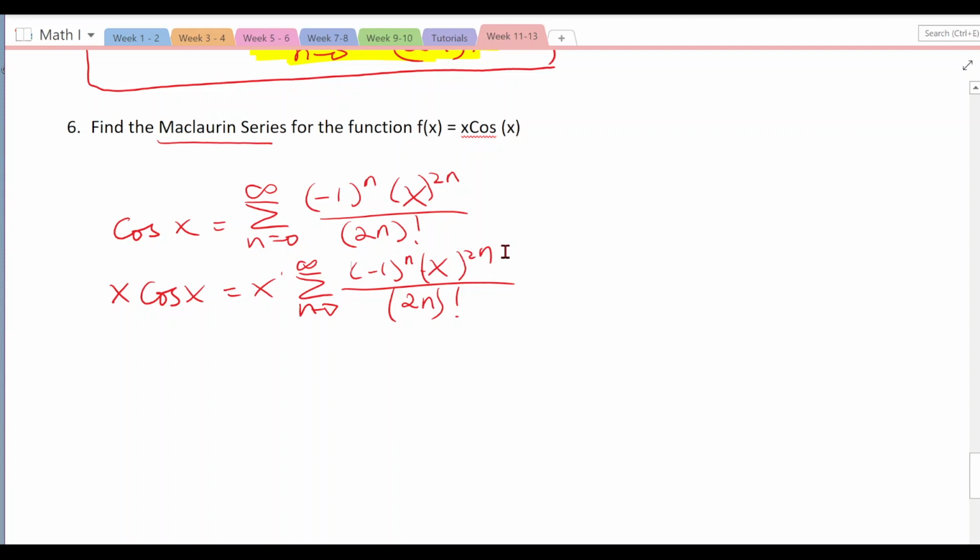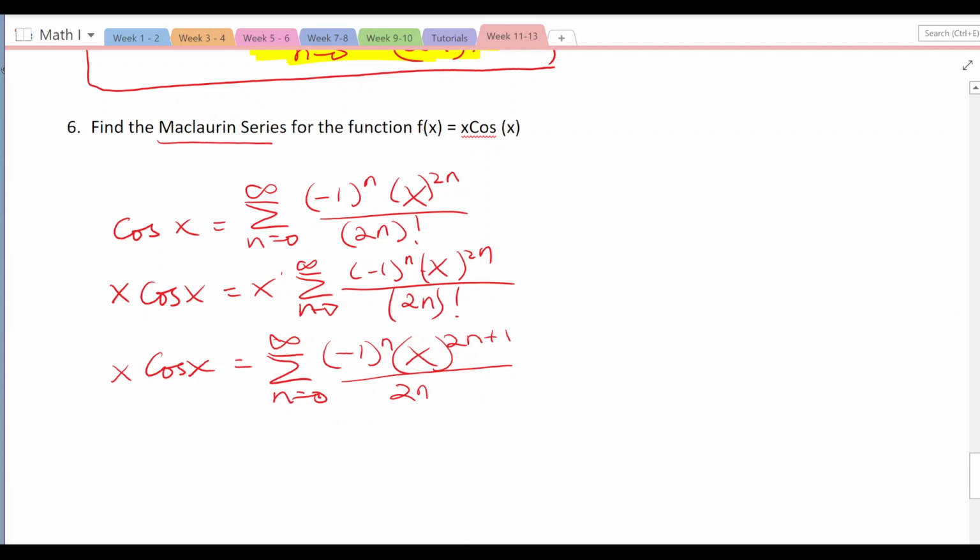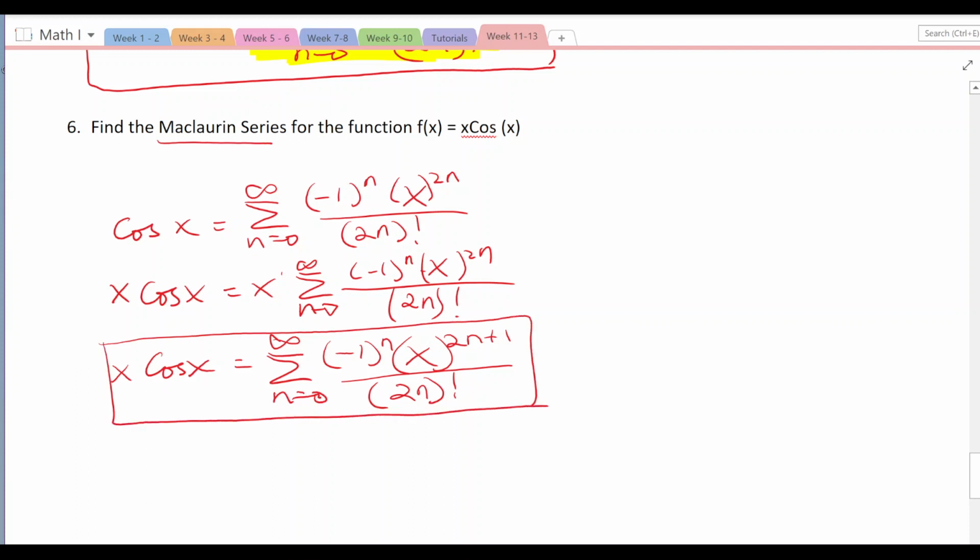As simple as that. So x cos x is simply the sum from n equals 0 to infinity of negative 1 to the n, x to the power of 2n plus 1, all over 2n factorial. That's the answer for x cos x.